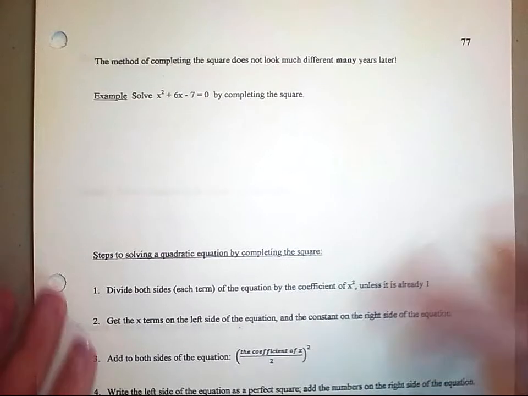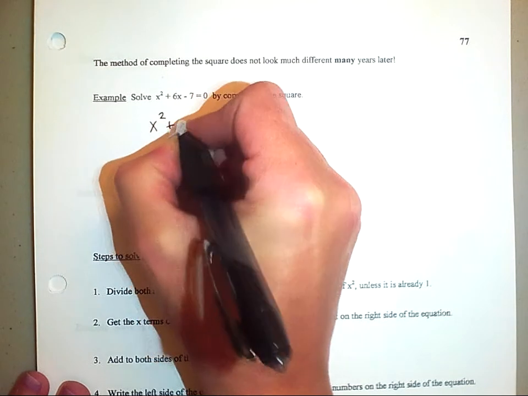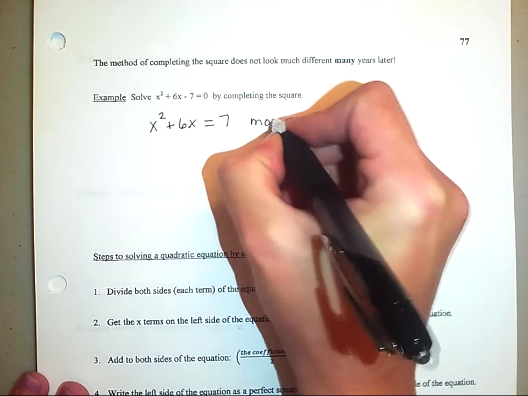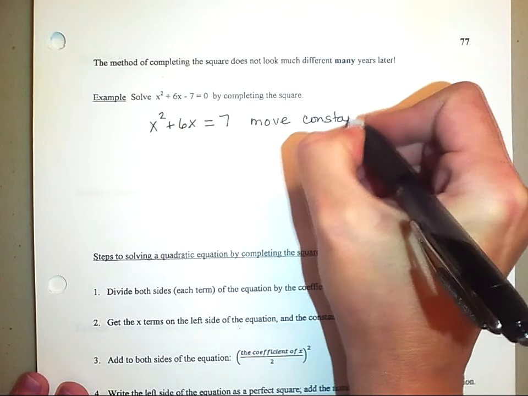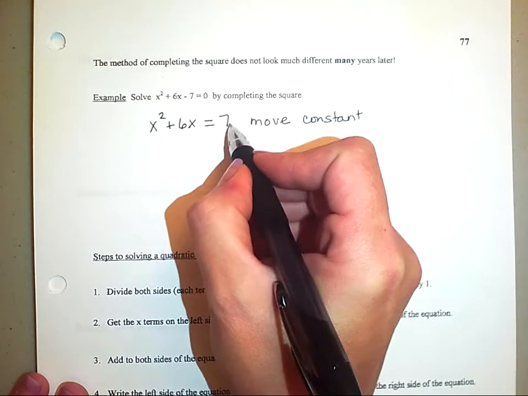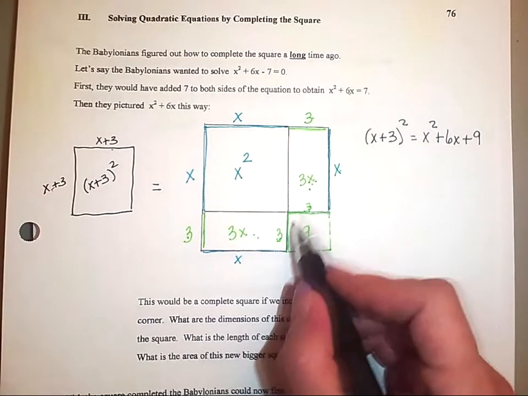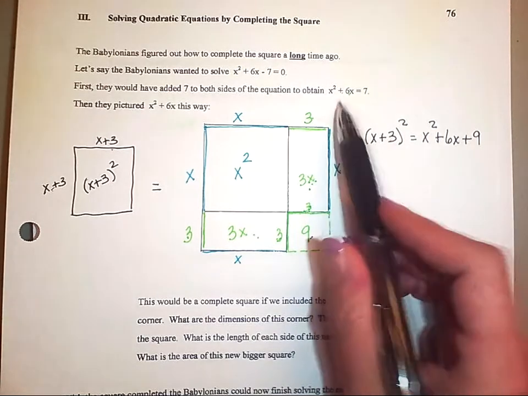So notice what we did. x squared plus 6x was equal to 7. So you moved the constant over. The number 7 is the constant because there is no variable attached to it. And then what they realized is if I add 9 to this side, I could rewrite this as this.